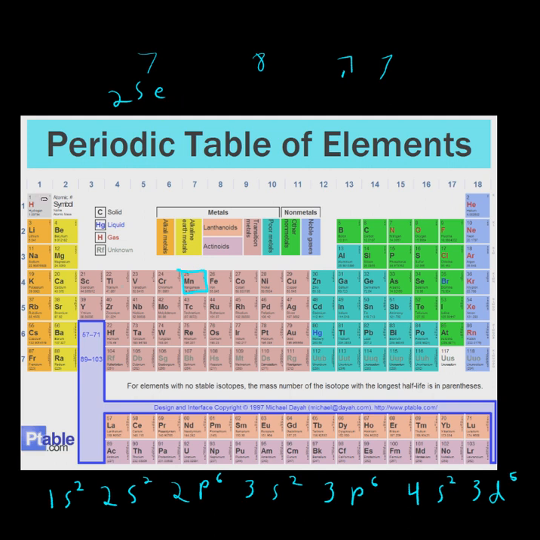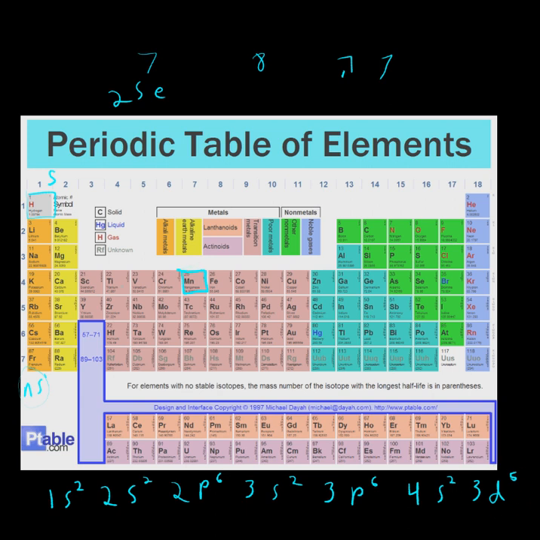Basically, we start at the top left-hand side of our periodic table, and we just count off each element as an electron that we can store there, and we record it as its location. So this is your S block, so everything in this column will be ns1, where n is just whatever row it's on. This will be the most energetic electrons, so you see here this is your 3d5.